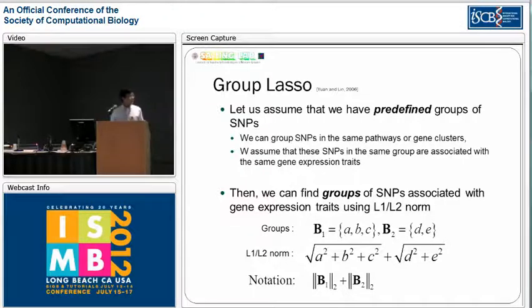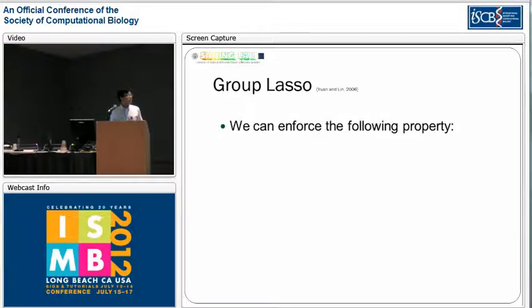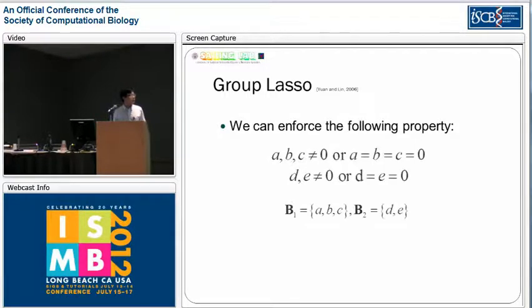And now let me tell you about the property of this R2 norm. If you use this R2 norm, you can enforce the following property. All the members within the group should be either 0 or non-zero jointly. For example, for the first group, we have 3 members.